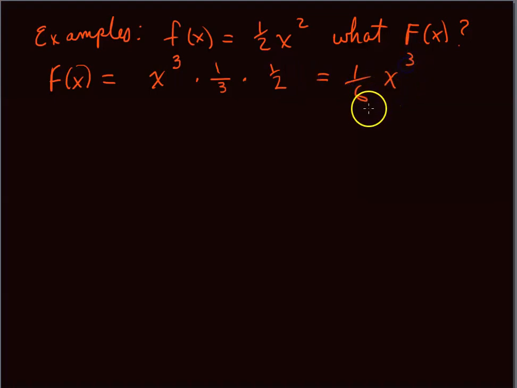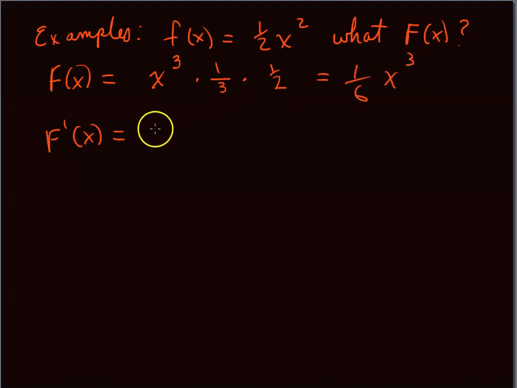And of course, how do you check that? You take the derivative. So this is sort of nice. Remember how you used to check? So let's see, the derivative. See, that's right.